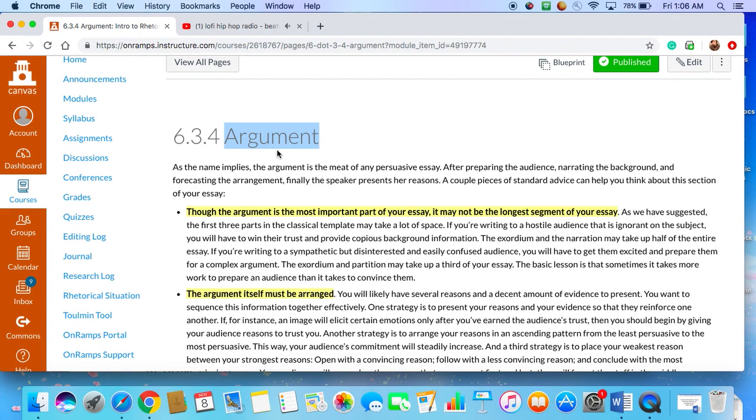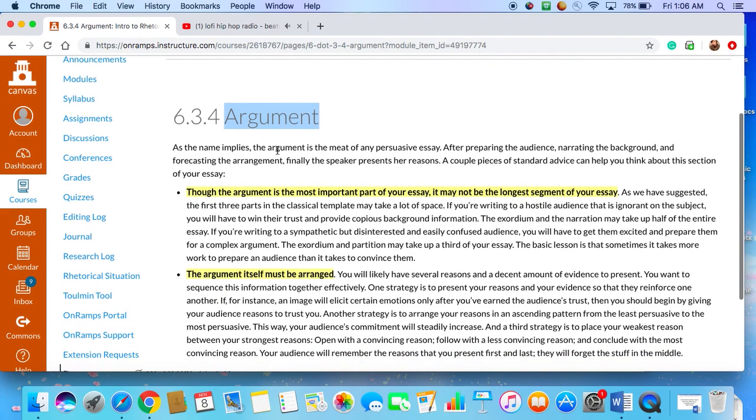So if you remember last week, earlier in the week, we talked about the five major types of argument. And to refresh your memory on those, you have the induction argument, which is based on patterns. You have the analogy argument, which is based on comparing and looking at the similarities between two things. You have the difference argument, which is contrasting and looking at the differences between two things.